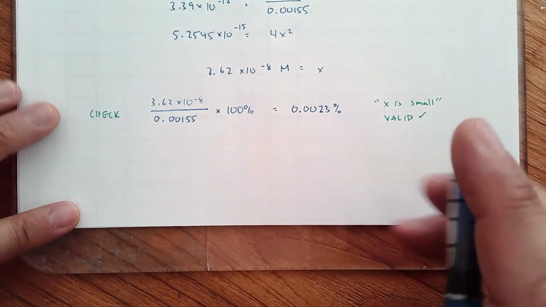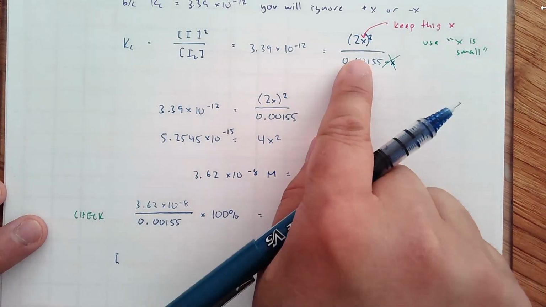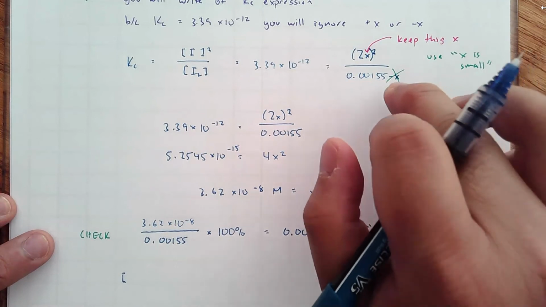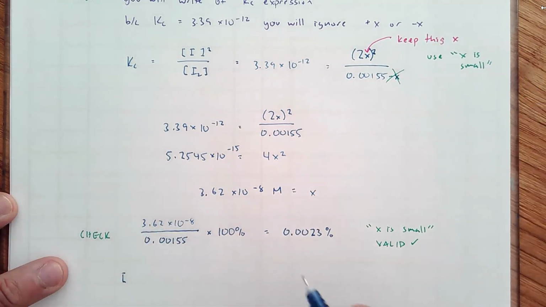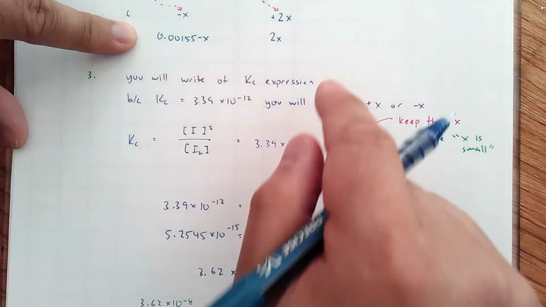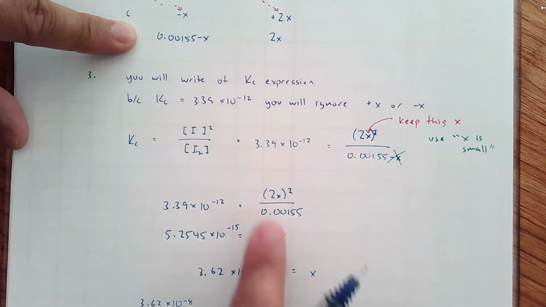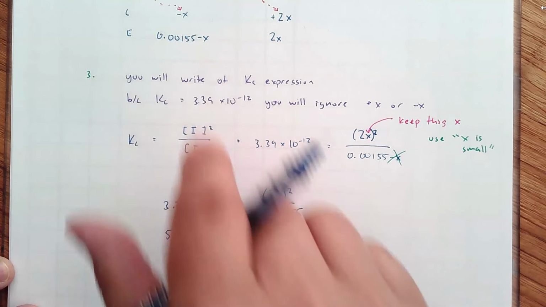Now, here's another issue. In the solving of x, I said this is essentially 0. But after you find x and you plug it into here, you're literally going to use the x that we found and plug it back. Okay? You're not going to think of this as 0 anymore. All right?